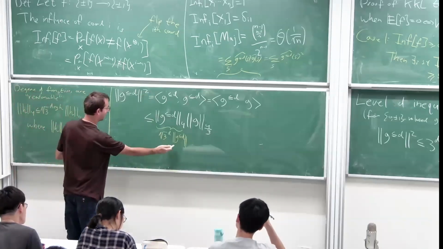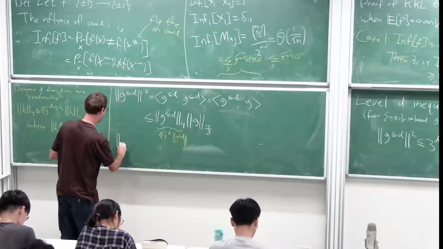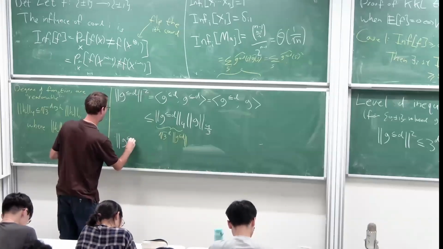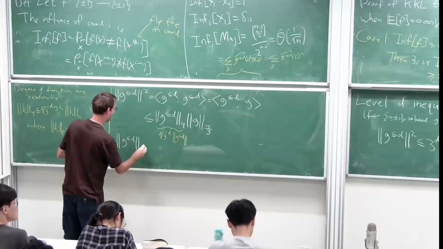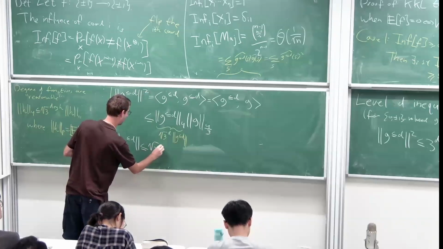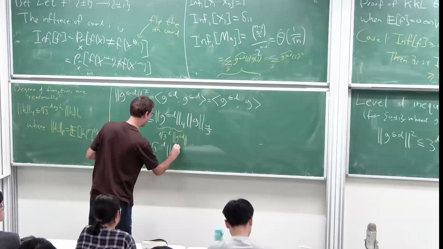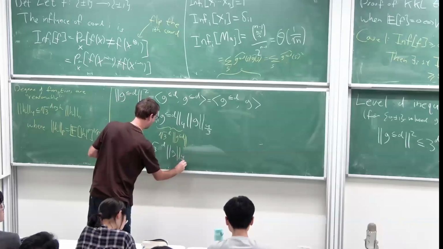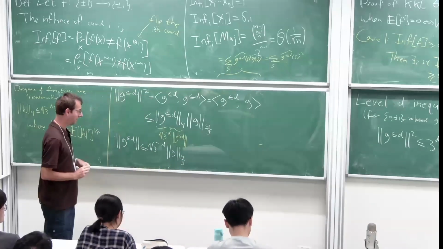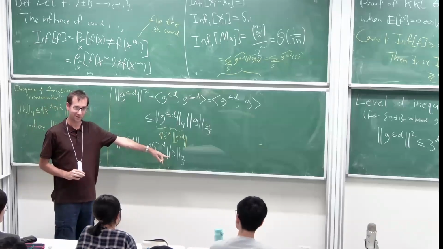And now if we divide by this, then we get that the 2 norm of g at most d is at most square root 3 to the d times the 4/3 norm of g. Okay, but I'm not interested in the 4/3 norm. I'm interested in the 2 norm.